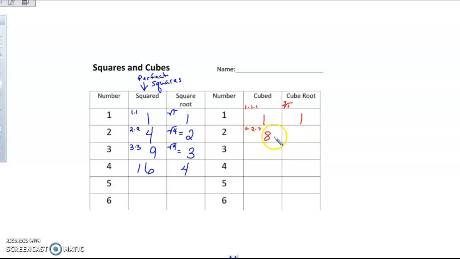And the cube root of 8 is 2. 3 times 3 times 3 is 27. And the cube root of 27 is 3. And you're going to keep filling this out. There's 15 in each column, and these are going to be your perfect cubes.